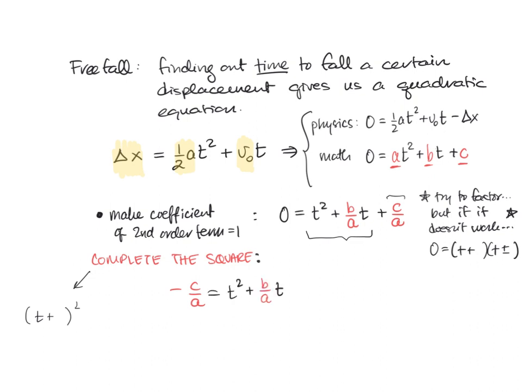As it turns out, to complete the square of the things on the right-hand side, we need to add a number that is equal to half of the first order term coefficient, squared. So half of this, squared. But we can't just add that to the right-hand side without also adding it to the left-hand side, so I have to do the same thing over here.